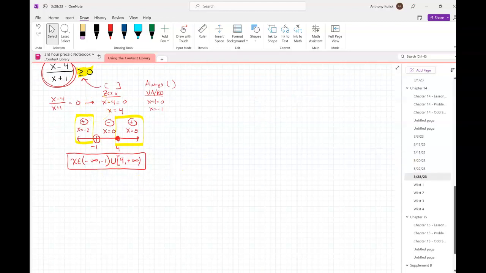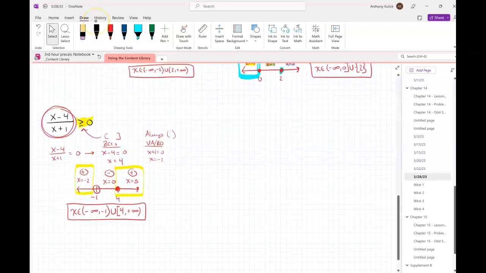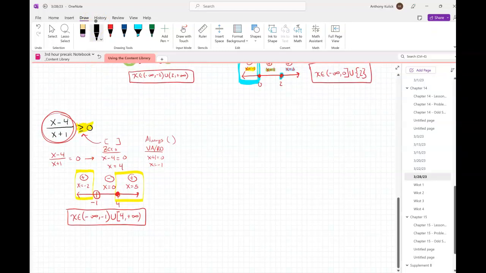Let's do another here. I got one more for you. So I have the square root of x plus 4 over the absolute value of x minus 1.